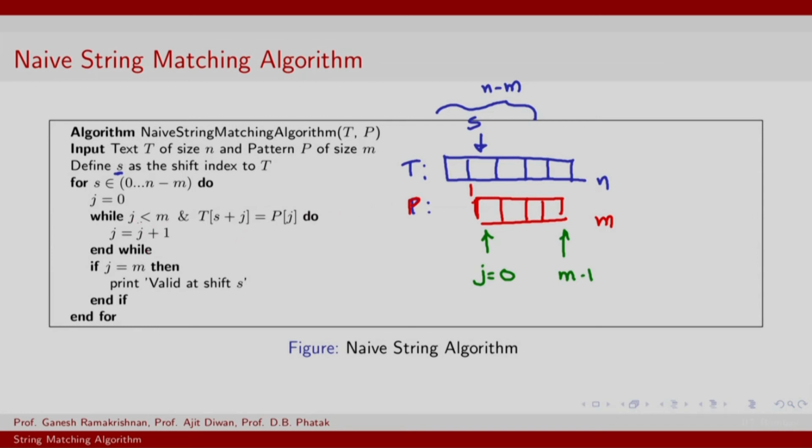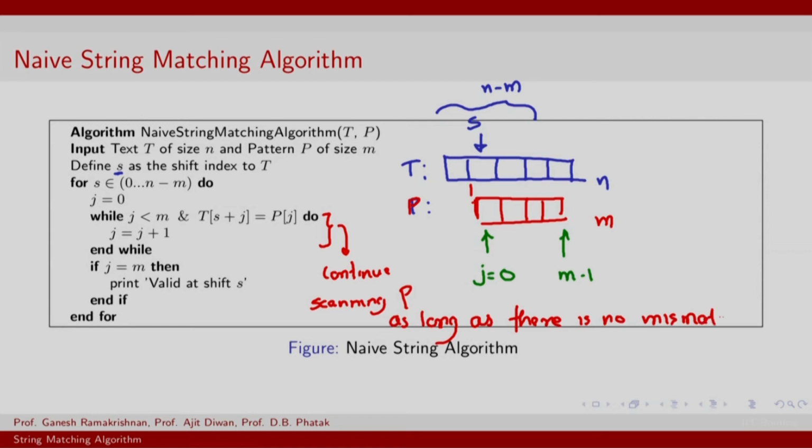So continue scanning P as long as there is no mismatch with T. So once you are at the end of P, you flag a match, print valid at shift S. That's what it means to have a match.